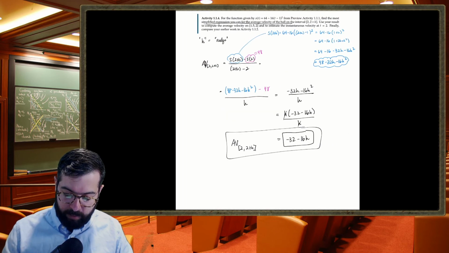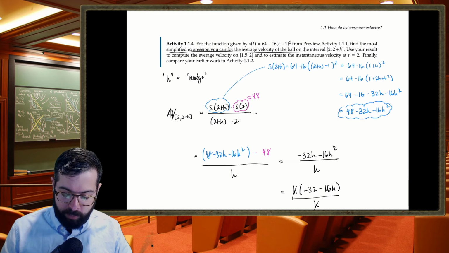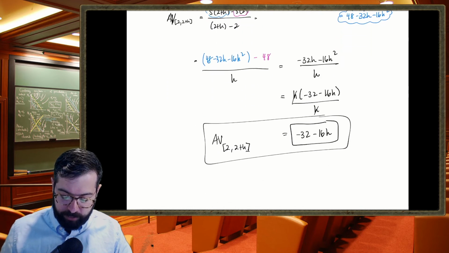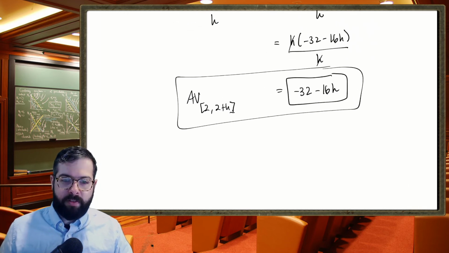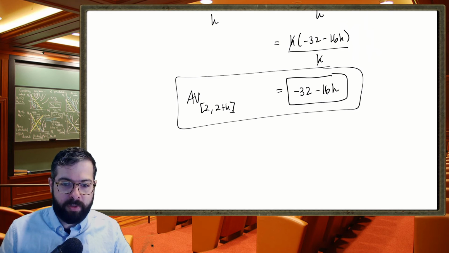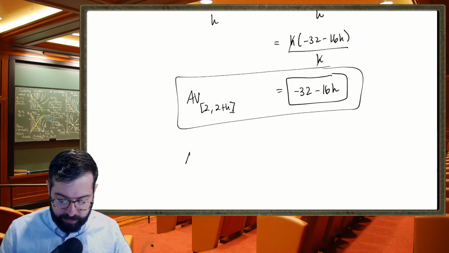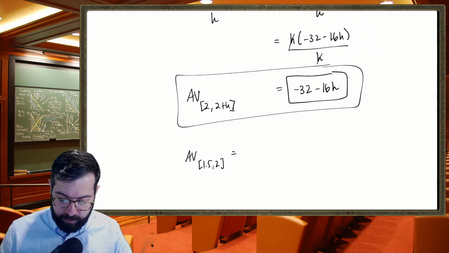Okay. Now, what the question is asking is use this result to compute the average velocity on 1.5 to 2 and to estimate the instantaneous velocity at t equals 2. So this is the velocity you'll get from 2 to 2 plus some nudge in h. All right. So here, what would the nudge be in order to find the average velocity from 1.5 to 2? Well, this would be negative 32 minus 16.